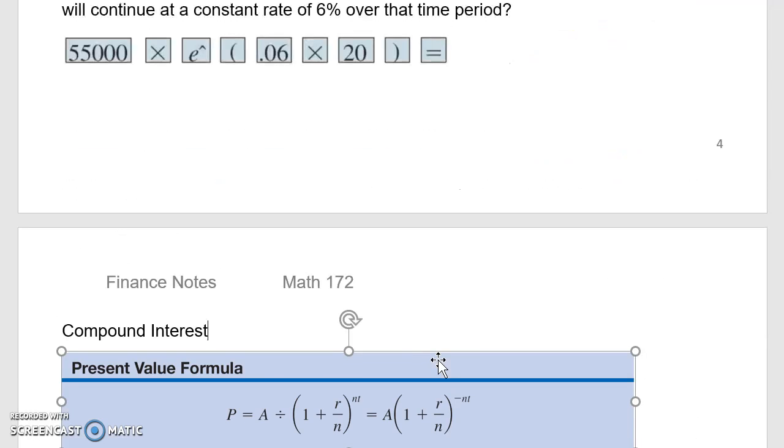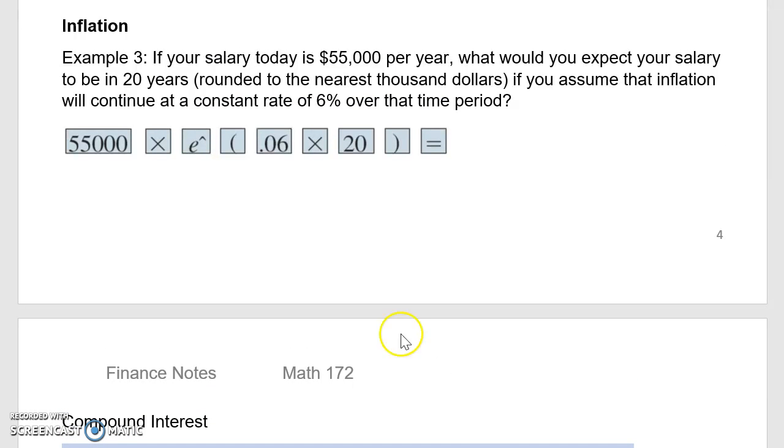Inflation is an application of continuous compound interest. So if we had a salary today of $55,000 per year, in 20 years with a constant rate of 6% inflation, we would take our principal of 55,000 and multiply that by E. So second or shift ln, raise it to the exponent power of open parentheses 0.06 times 20, and the Casio definitely wants us to close our parentheses.